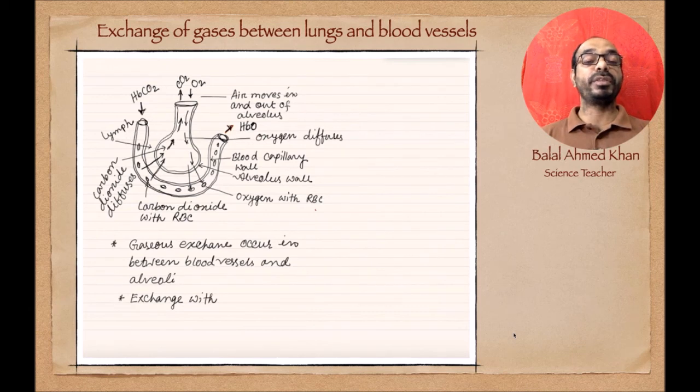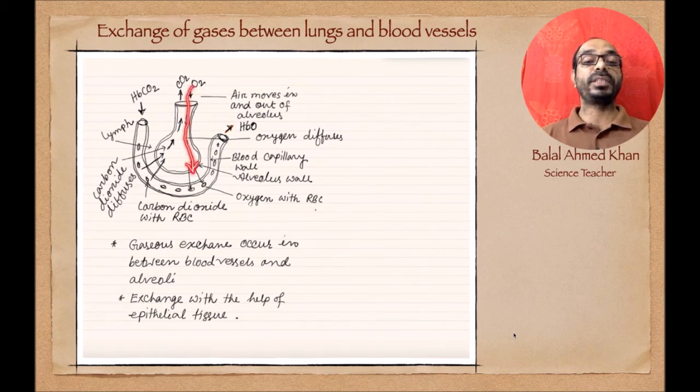First of all, you have to remember that diffusion occurs from higher concentration toward lower concentration. Carbon dioxide concentration is higher in the blood vessel and lower in the alveolus. Simultaneously, oxygen concentration is higher in the alveolus and lower in the blood capillaries.